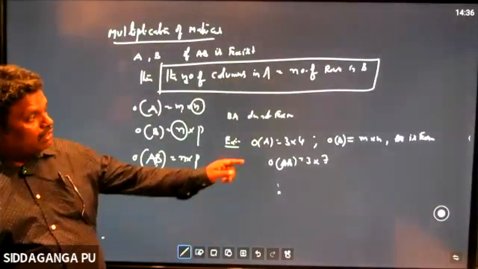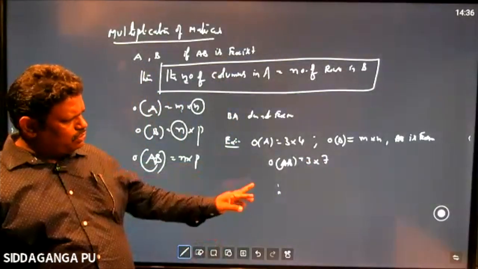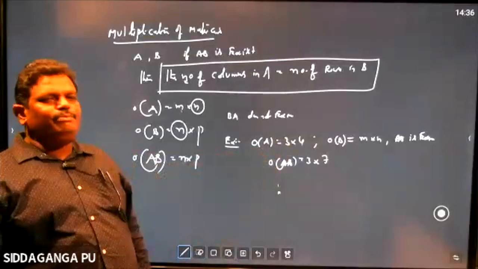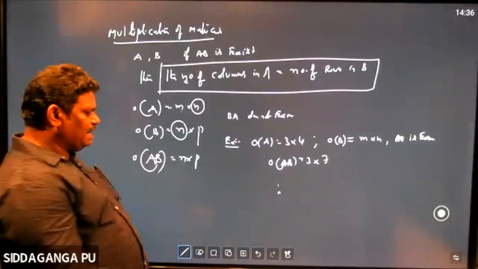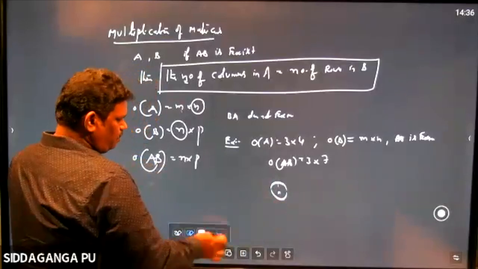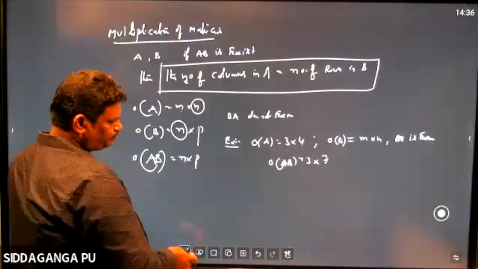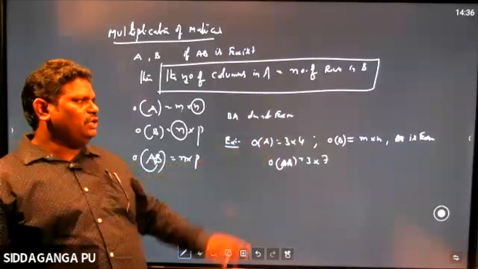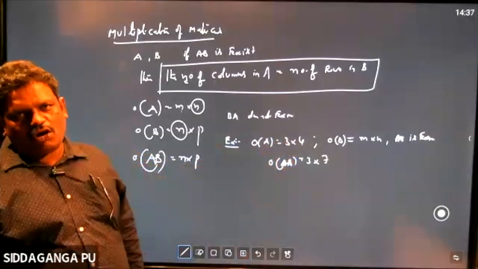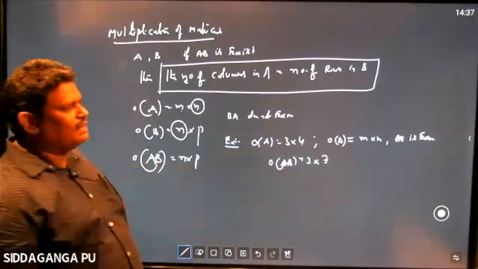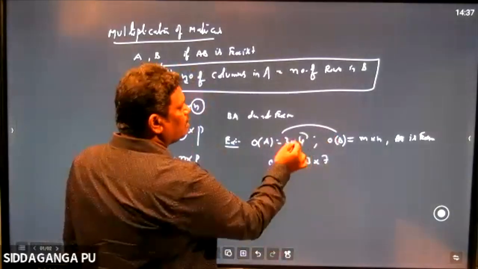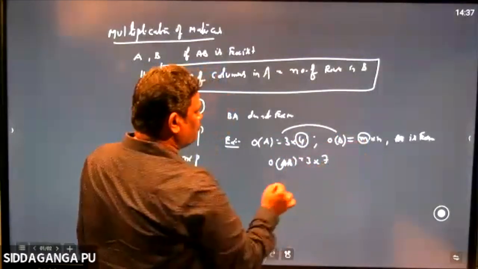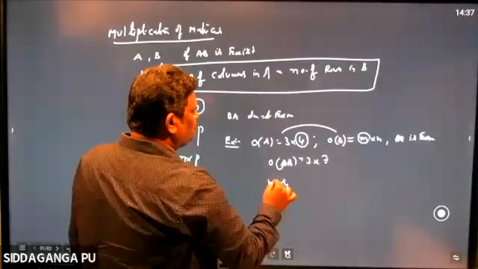What is the order of B, and how do we find it? A is 3 by 4, B is m by n, and we already know AB exists. So the product exists means the number of columns equals the number of rows, so m is equal to 4.